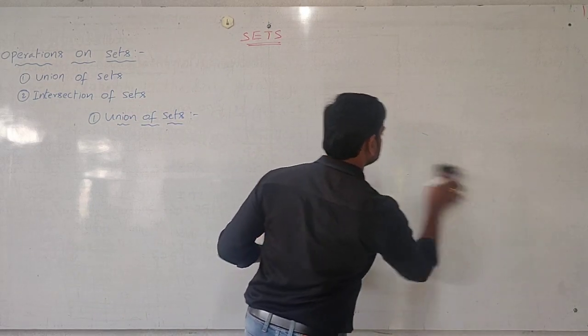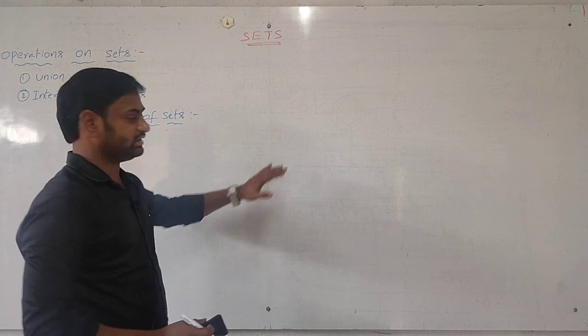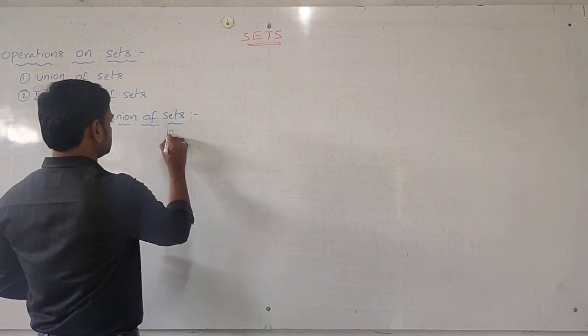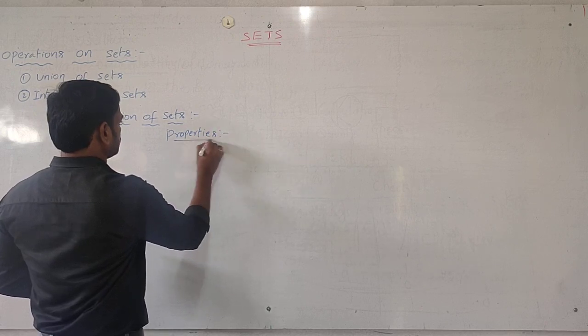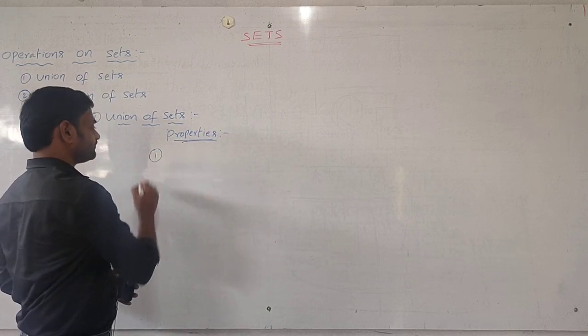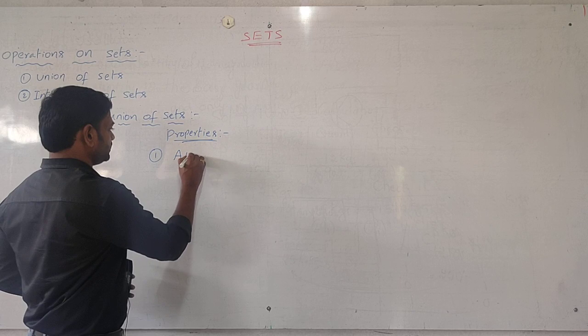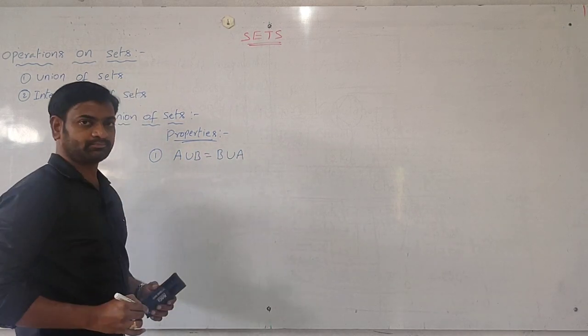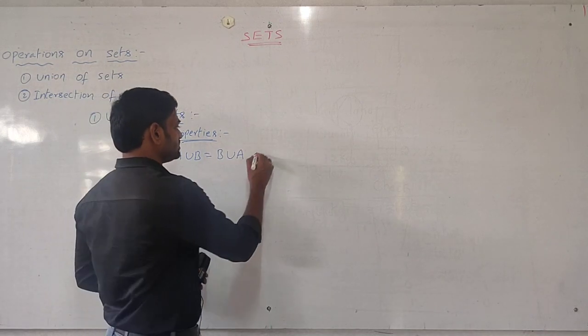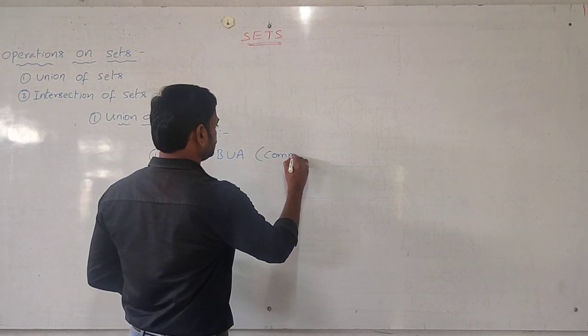Now see the properties. What I have to do now? I am writing here: properties. What are the properties? First one is A union B is equal to B union A. So it is called commutative law.